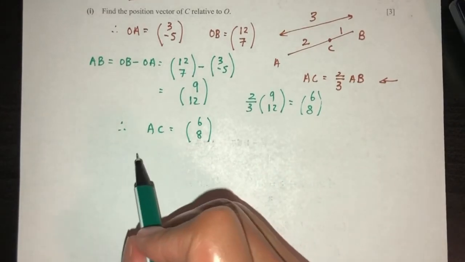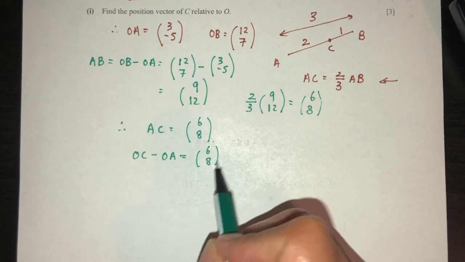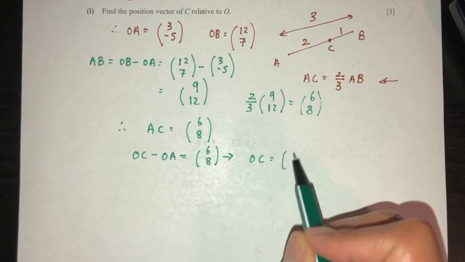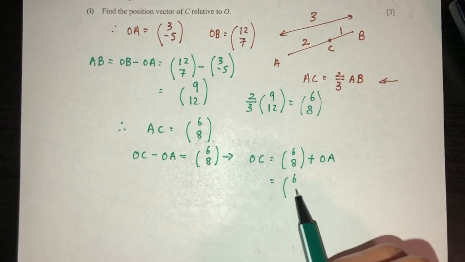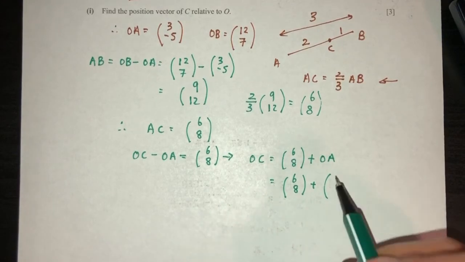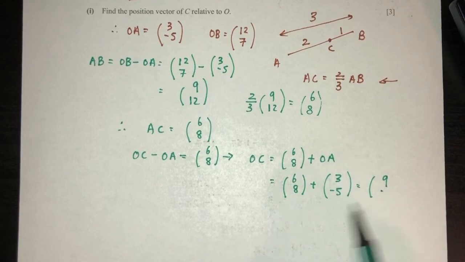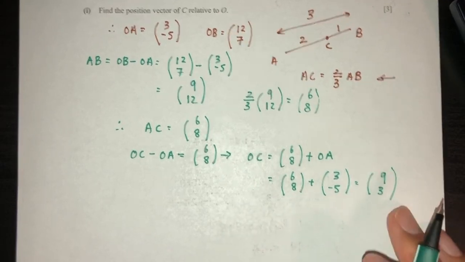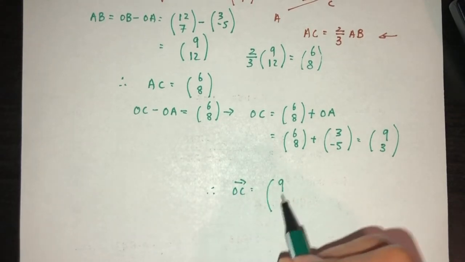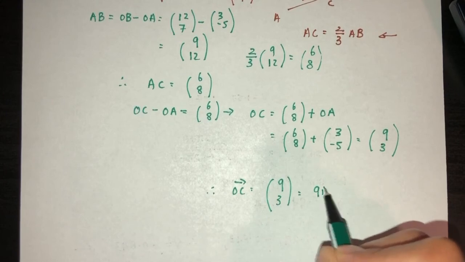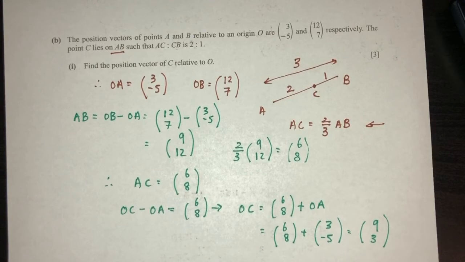Now what is AC? AC is OC minus OA, which is (6, 8). So finally from that, OC will be (6, 8) plus OA, which has been given to you as (3, -5). That should be 9, and 8 minus 5 will be 3. So your answer will be OC is (9, 3), or you can write 9i plus 3j. That is your answer for part B of question number 10.